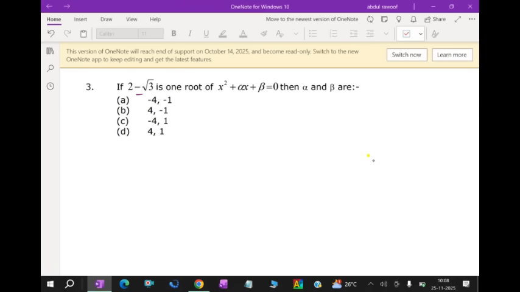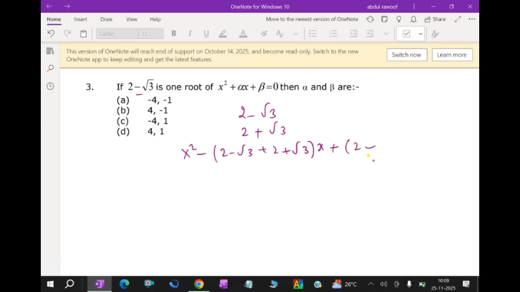So the first root is 2 minus root 3, the second root is 2 plus root 3. Therefore we know the quadratic equation is x square minus sum of the roots times x, plus product of the roots.